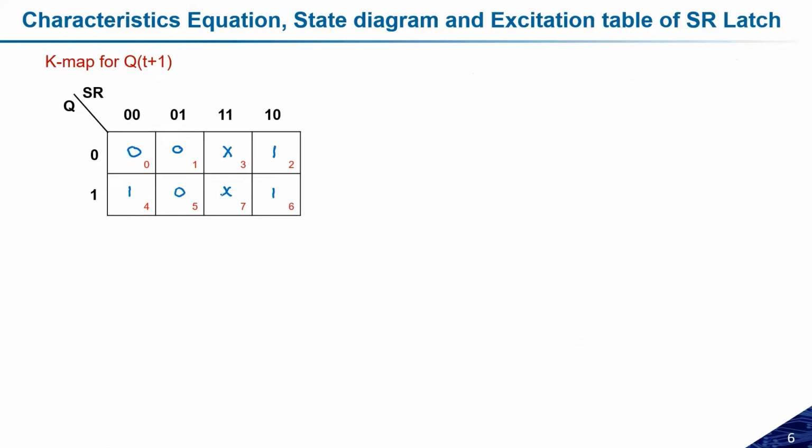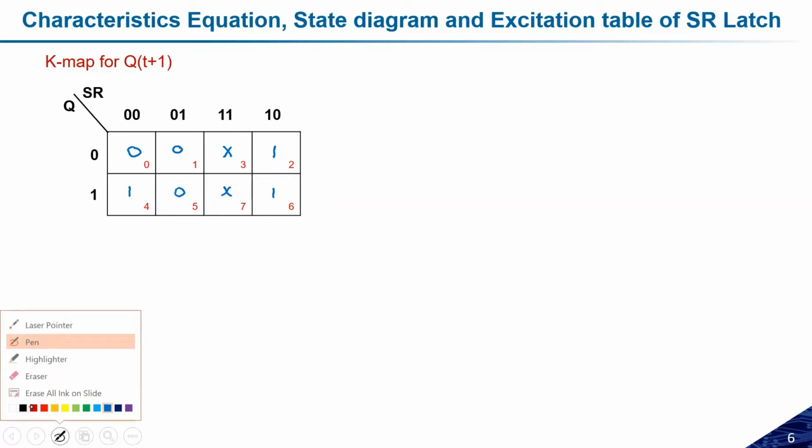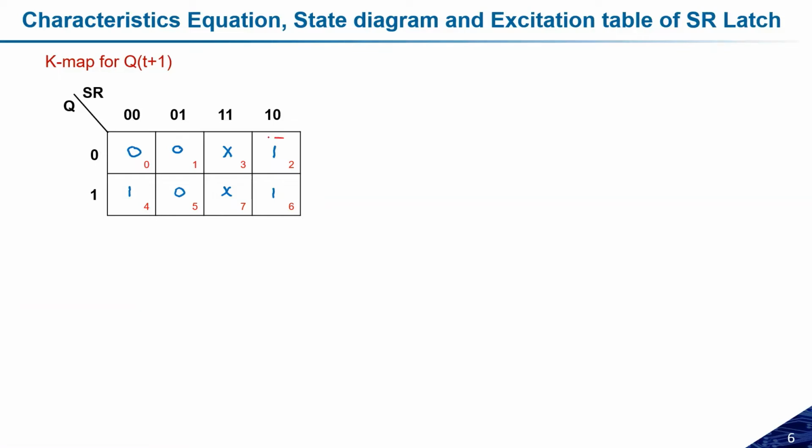If we try to simplify this, let us make the groupings. First, we can make a quad over here. This is the first possibility.